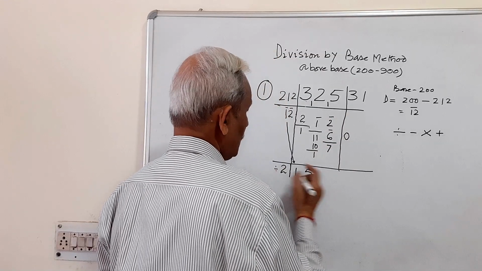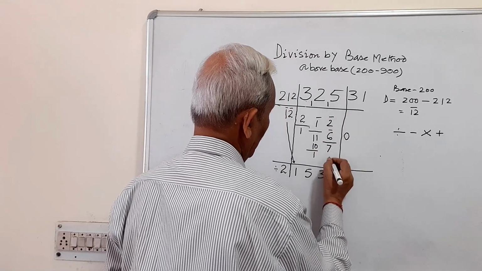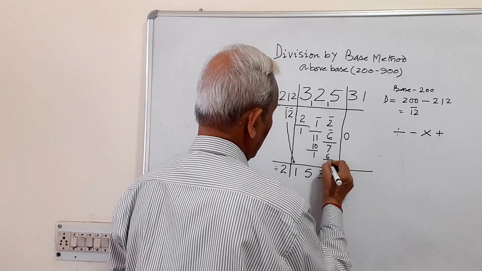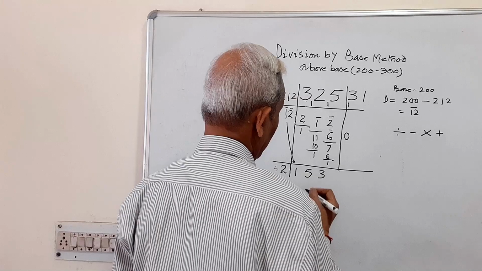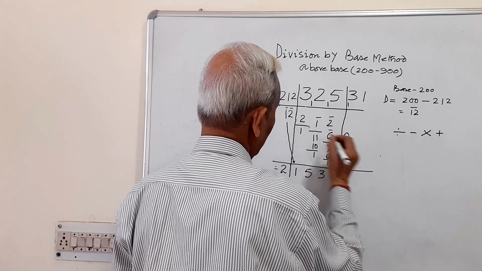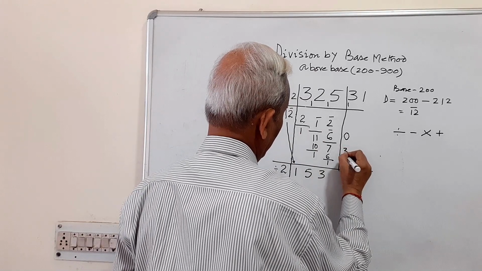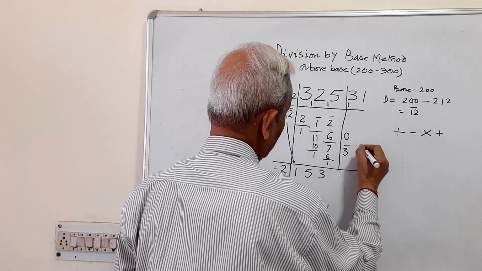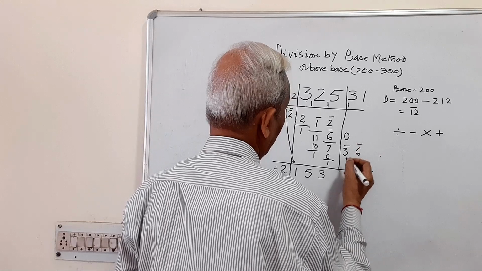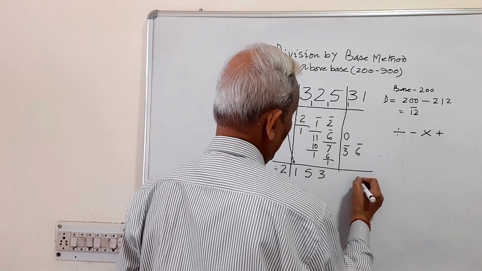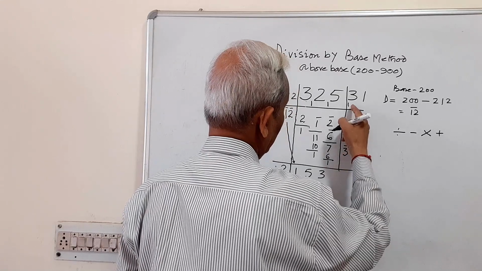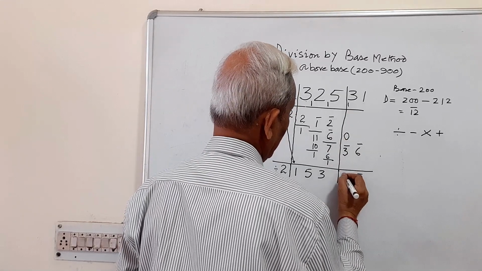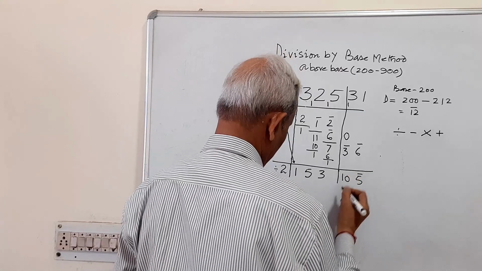Now this 2 goes 3 times into 7 and you get 6 here. It comes 1 down, put down 1 here. It becomes 13. Now 3 into 12 bar is 36 bar. Now 1 plus 6 bar is 5 bar and 3 plus 0, 3 bar, and 13 minus 3 is 10.